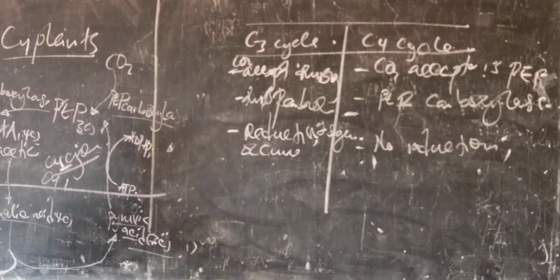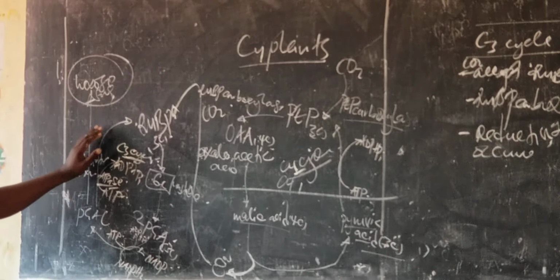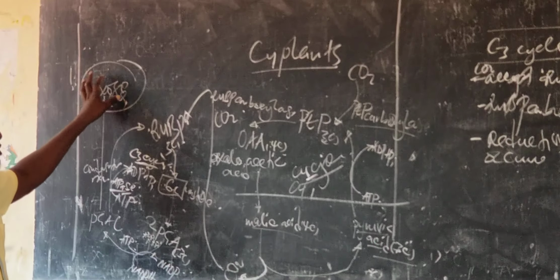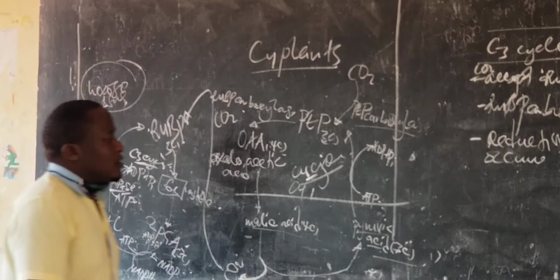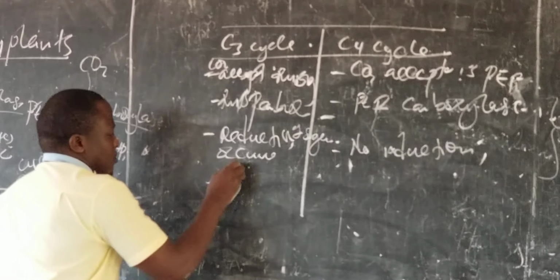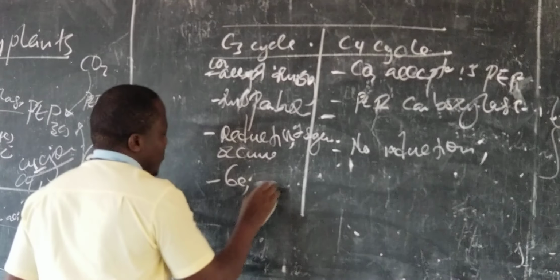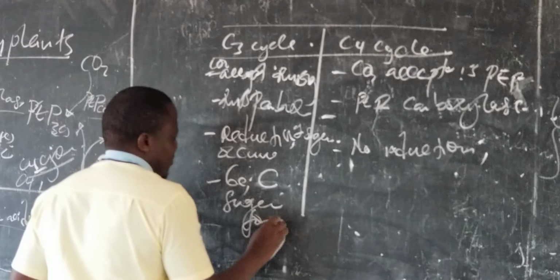Another difference you can think of is that sugars of 6 carbon compounds are formed in the C3 cycle. 6 carbon compound sugars are formed there.